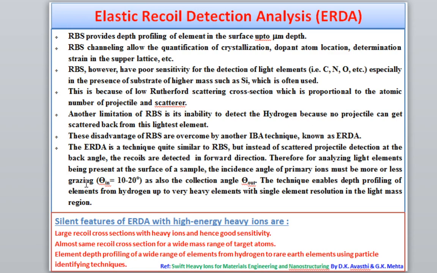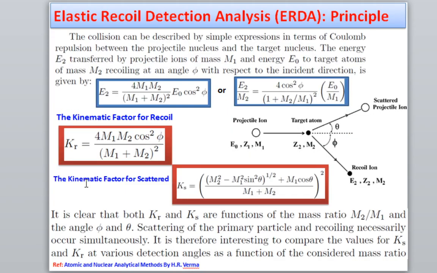When I was giving the concept of how RBS emerged from ion irradiation, and again if you try to understand the basic principle of ERDA, here I have shown a diagram. Let us say this is the projectile and this is the target atom. In RBS the projectile mass was lighter than the target mass, but here I have drawn the mass of the projectile greater than the mass of the target.